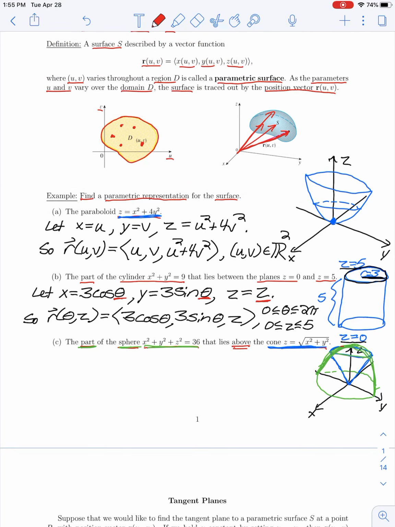Our upper half sphere is going to intersect that cone in a circle. So we're talking about some cap of this upper hemisphere that we're trying to describe.